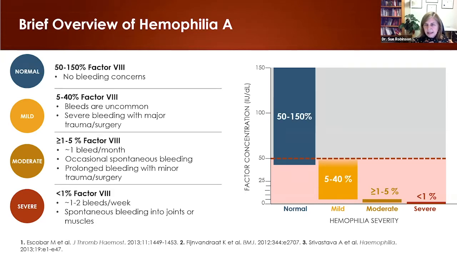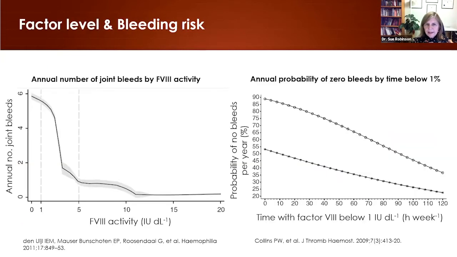And usually the most common sites of bleeding are the joints or muscle bleeding. And just over here is a diagram showing the normal range, the mild, the moderate, and severe range with hemophilia severity.